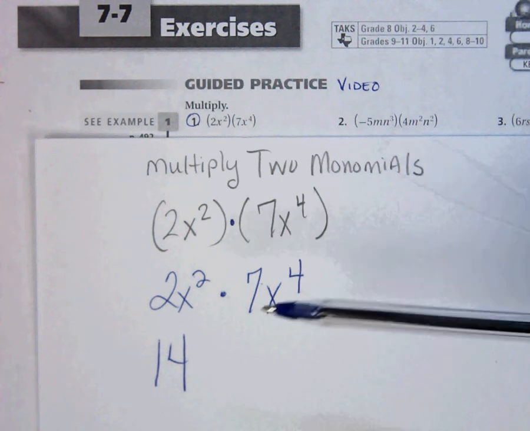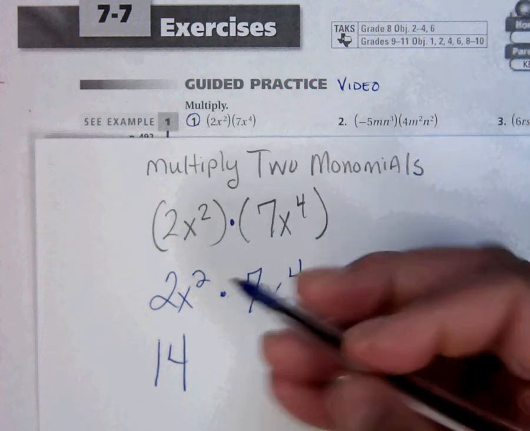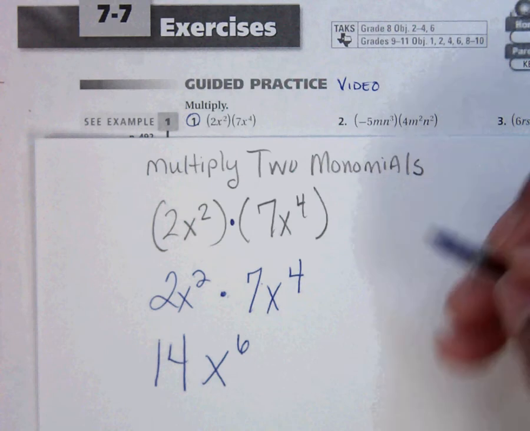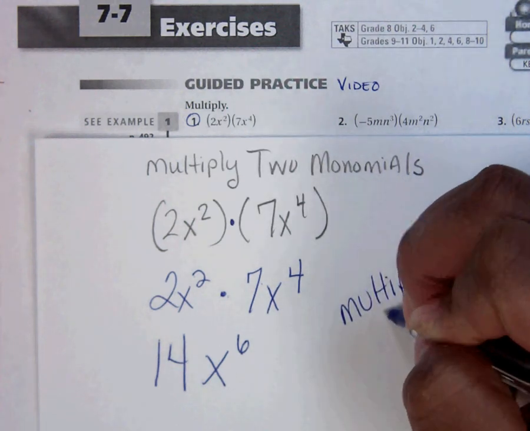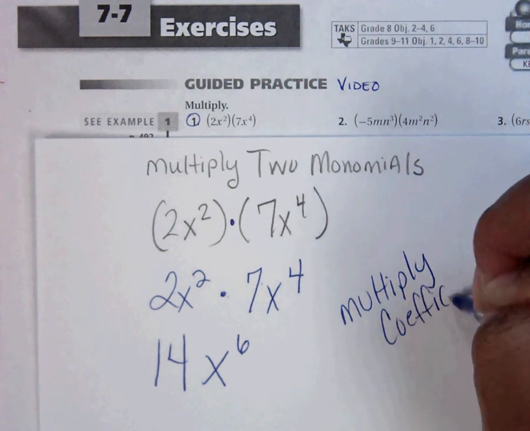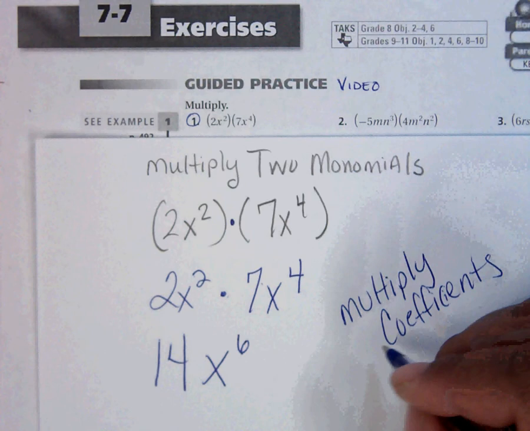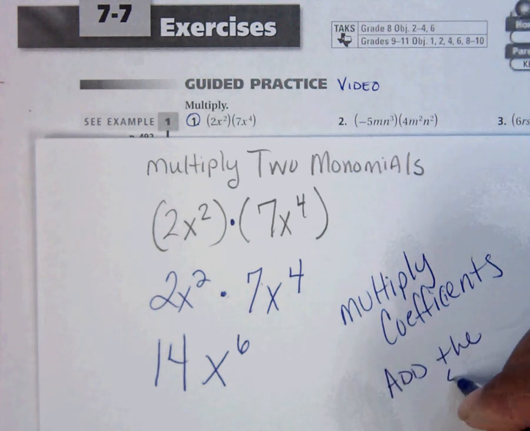P-man said, I see multiplication, so add the exponents. So no, this is not 8, it's 6. So you multiply the coefficients, but you have to add the exponents.